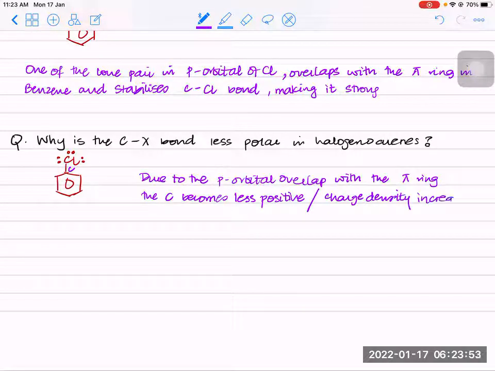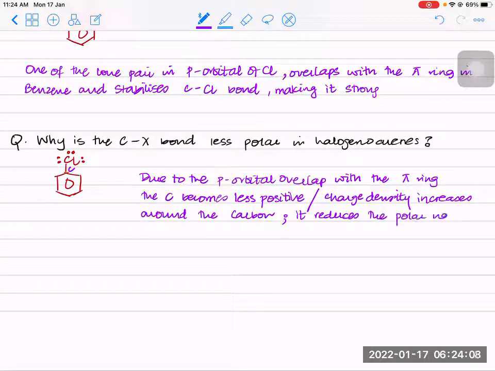Since the charge density increases, it reduces the polar nature of this bond.